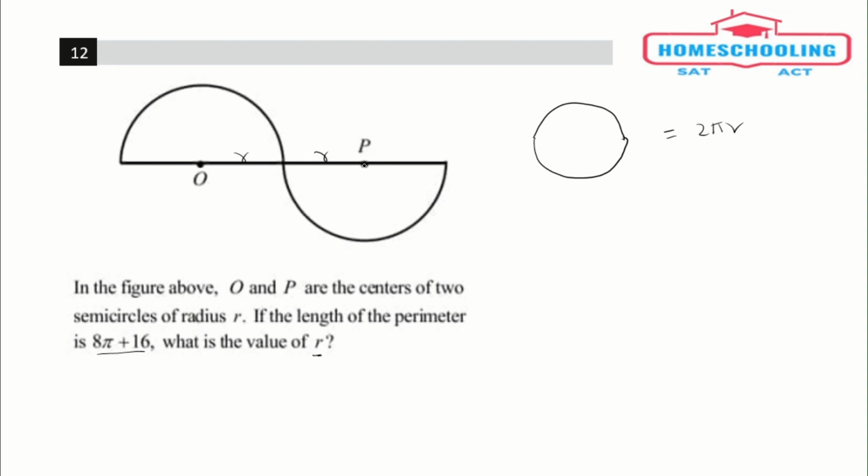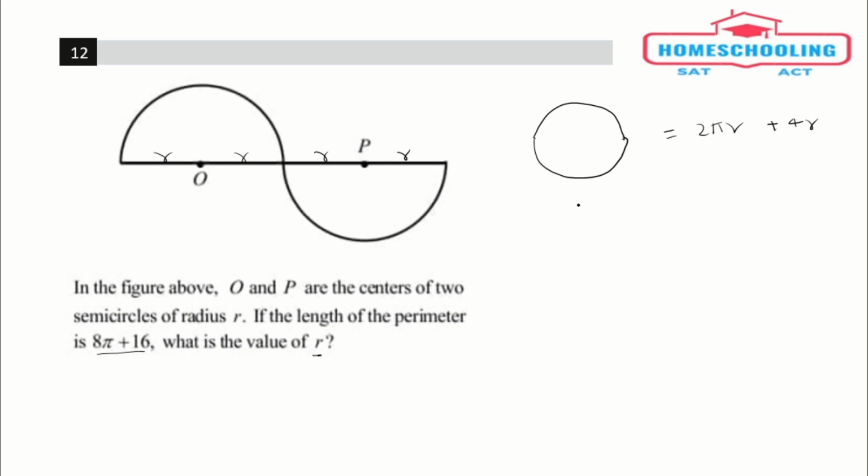If P is the center of this semicircle, then this is the radius, so this would also be the radius, and this is also the radius, so plus 4r. So that is your total, sorry, it's not circumference, the total perimeter.